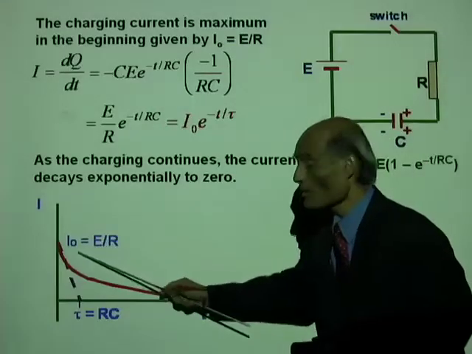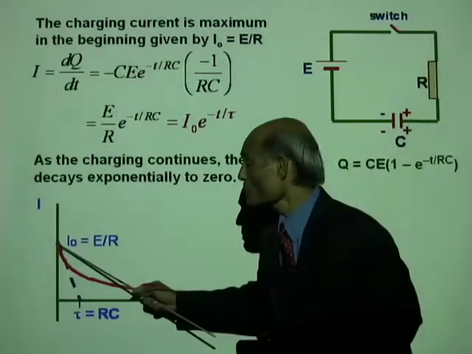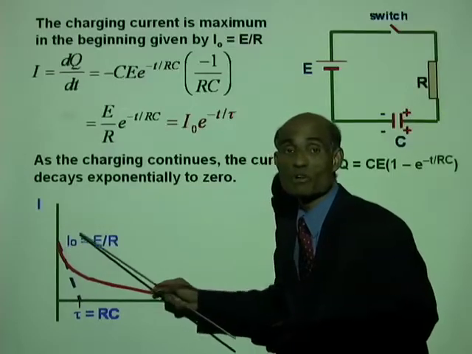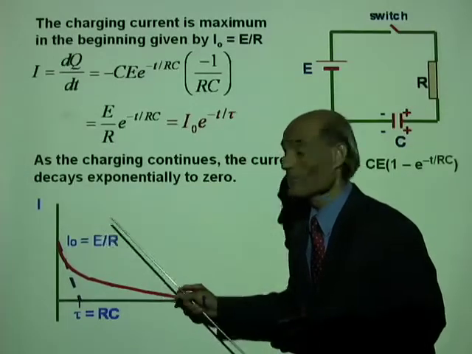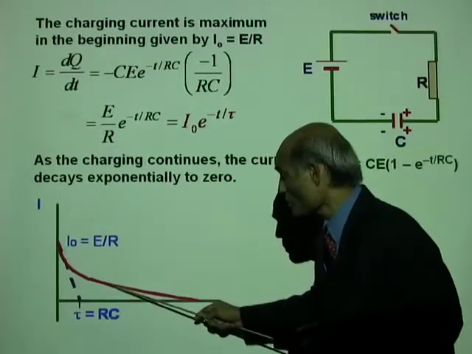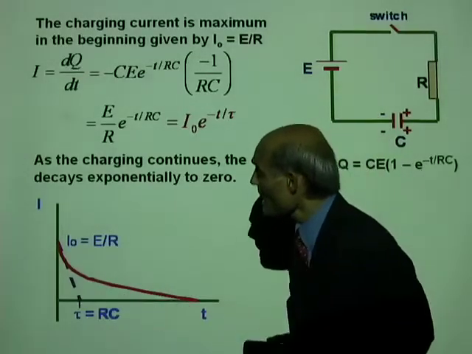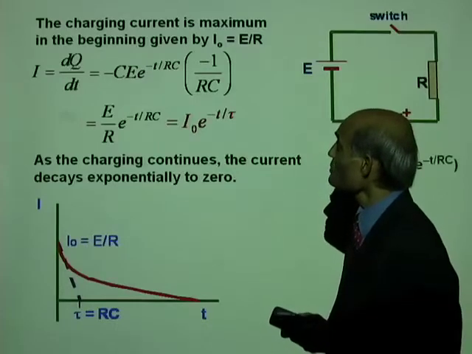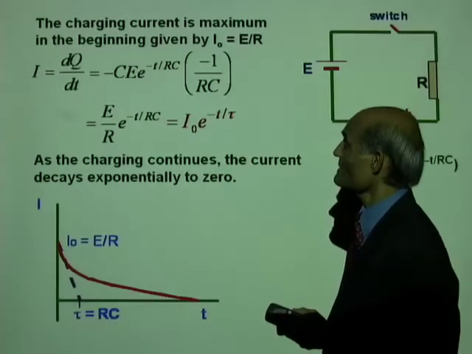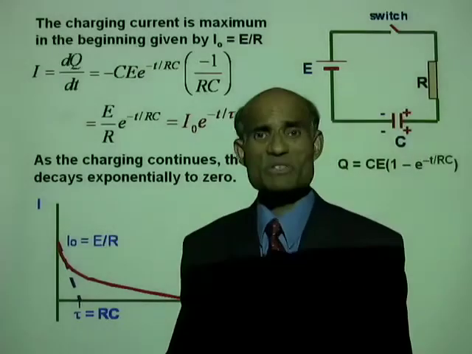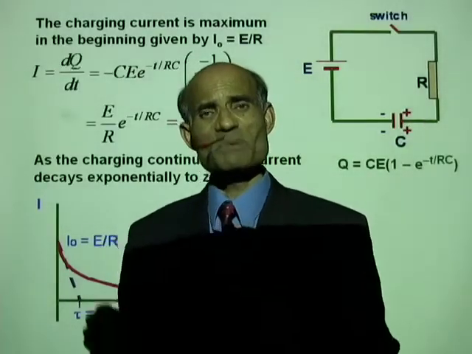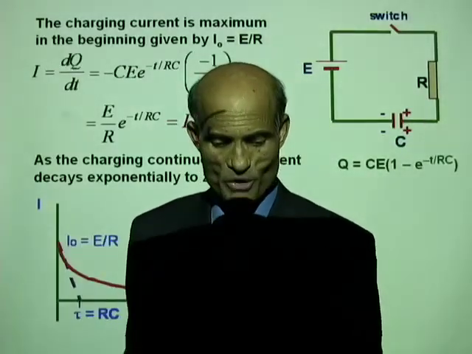Now this is how the current will decrease. The current in the beginning is I0 equals E over R, and as time goes on, the current will decrease, and tau equals RC is the time constant. Well, let me see if I can show that to you. Let me set up an RC circuit for you.